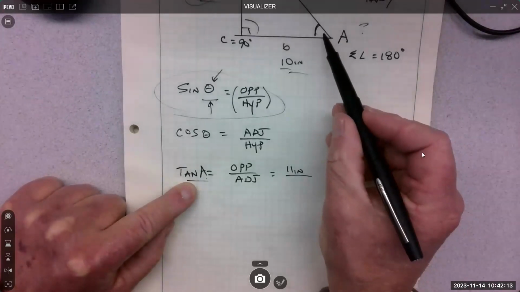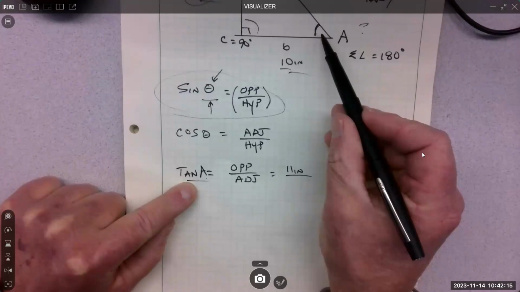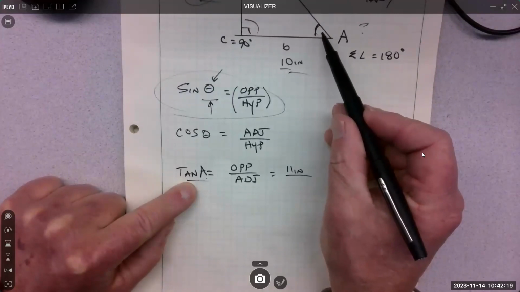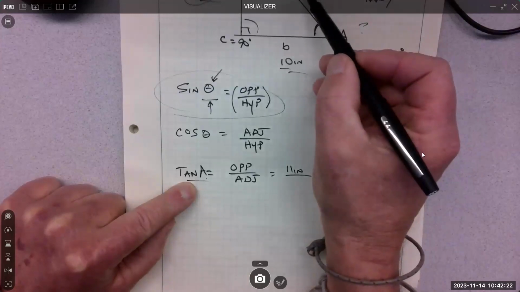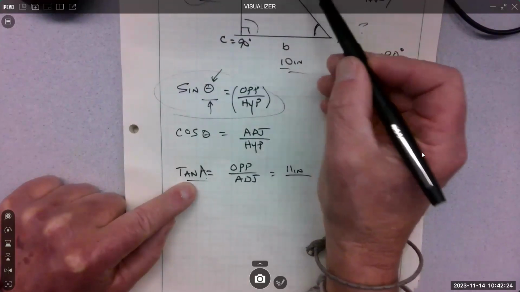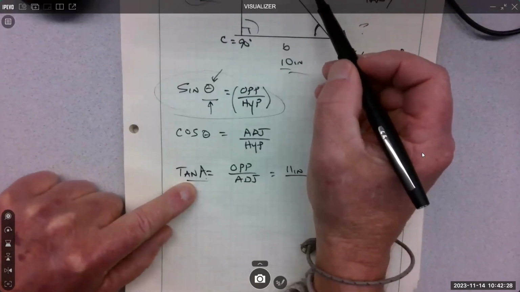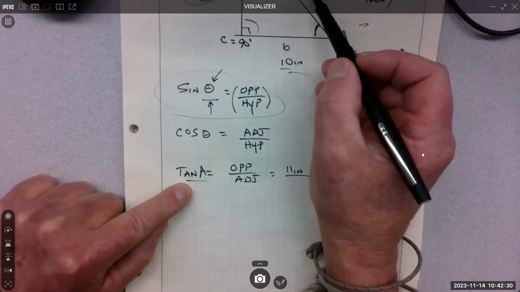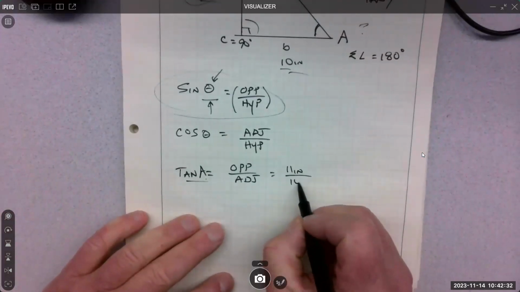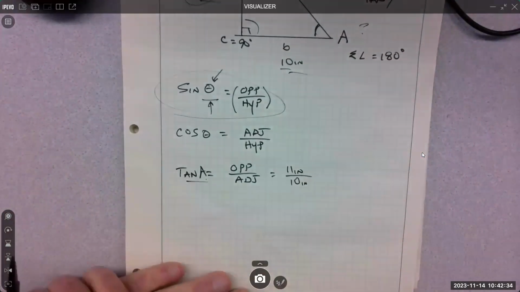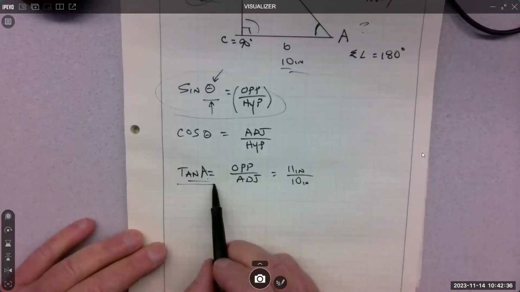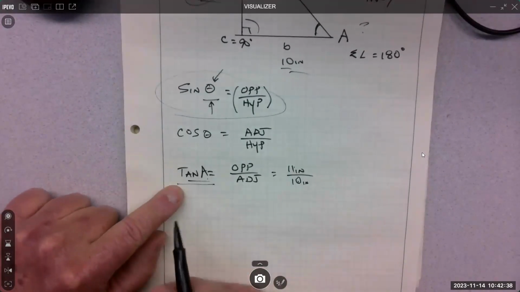What's the adjacent side to A? Yeah, it's 10 inches, because this is always hypotenuse. It's never opposite or adjacent, right? Always hypotenuse. So yeah, it's 10. So that sets up tangent A equals 11 over 10.